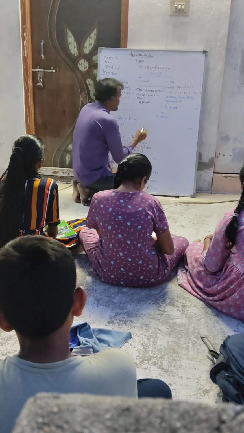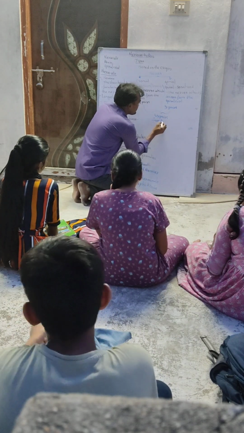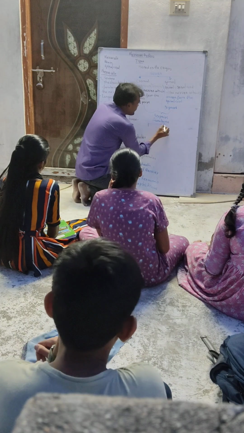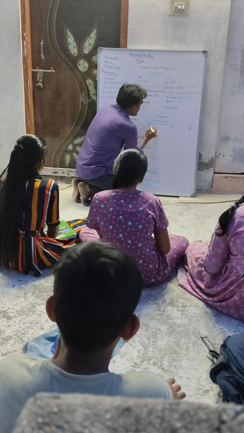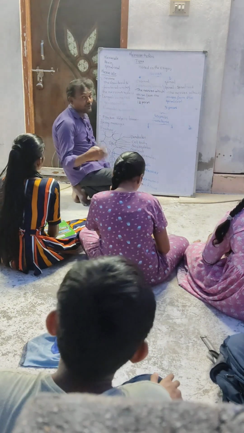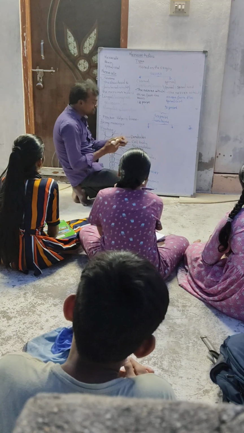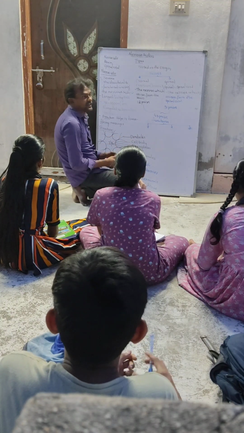Next type is based on the functions. Do all neurons perform the same functions? No. Based on the functions carried out by neurons in the animal body, those neurons are again classified into three types.